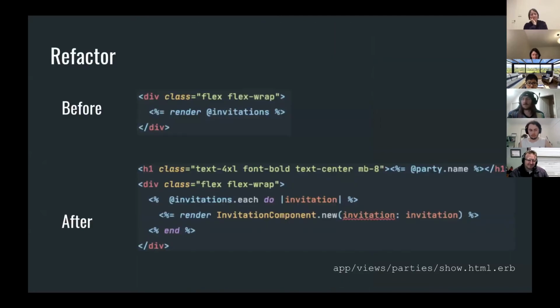So before, when we rendered a collection, we used render and the collection that we prepared in our controller. In here, I'm going to loop through all of the invitations and render a new instance of the component. So I just initialize it as a regular Ruby object. So InvitationComponent.new, and inside I can have as many arguments as I want. So where do I define these arguments?